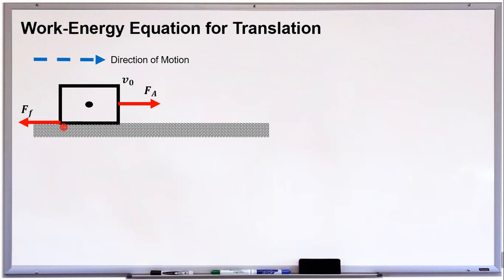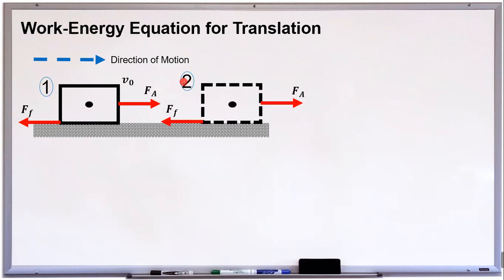Now, suppose we have a friction that exists between the block and the horizontal surface. So this frictional force Ff opposes the direction of our applied force, and in turn, it reduces the speed of our object. So let's say this is the initial position of our object, point 1. Now, at point 2, since we have a constant frictional force that is being applied other than the applied force, we will expect that at the second position, its velocity will change.